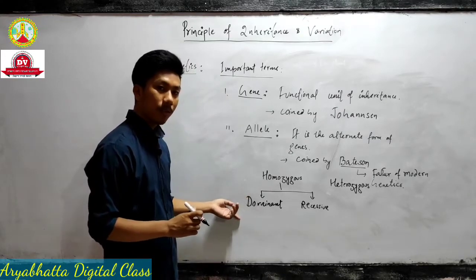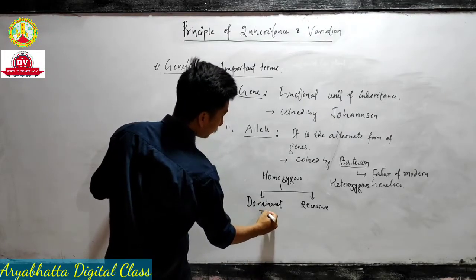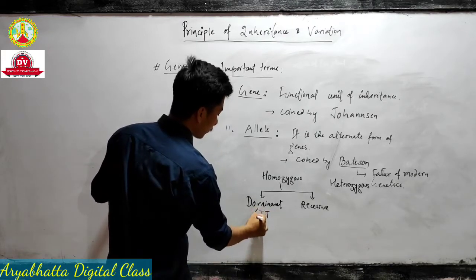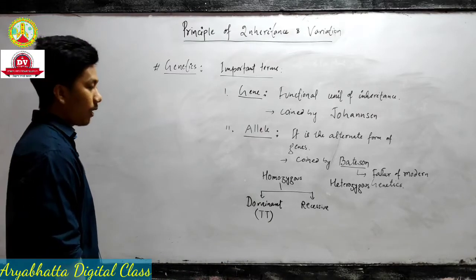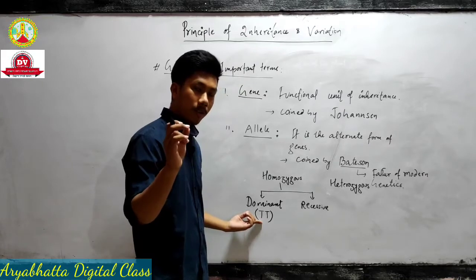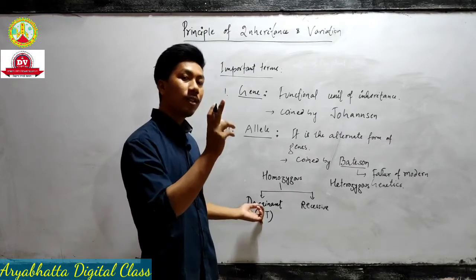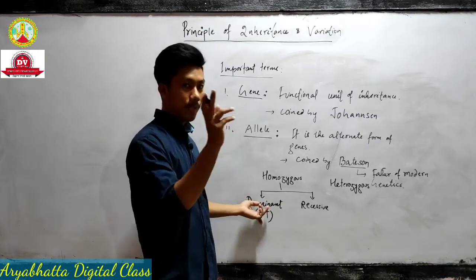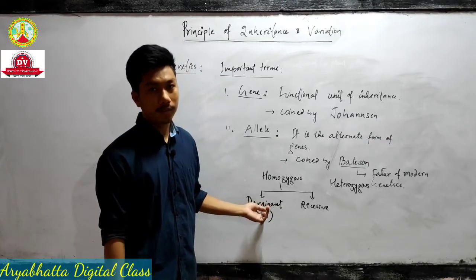Homozygous dominant tall pea plant we represent as capital T, capital T. Which was dominant, tall or dwarf? Tall was dominant, remember. We represent it with capital letter T.